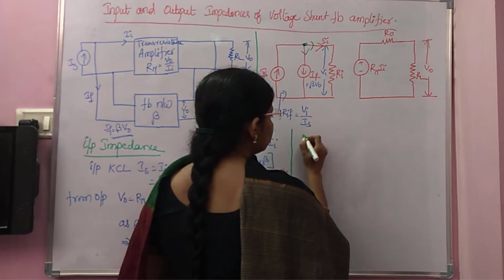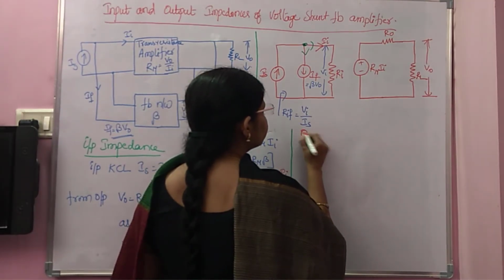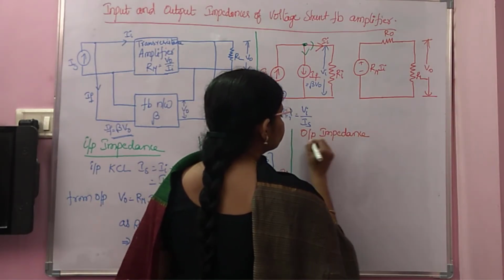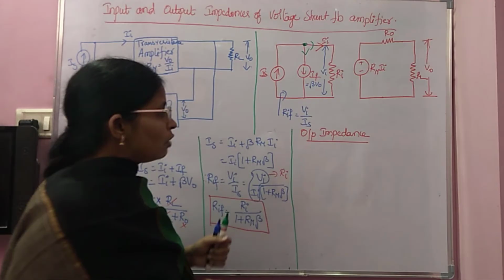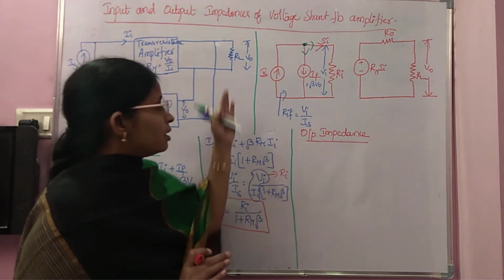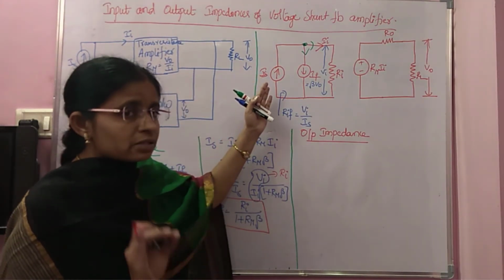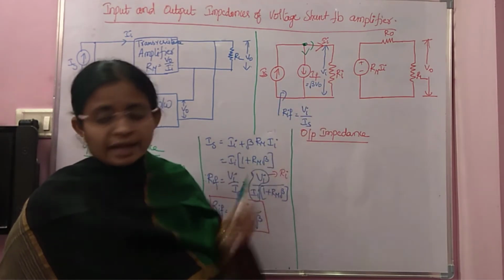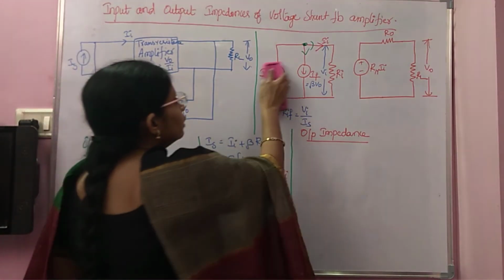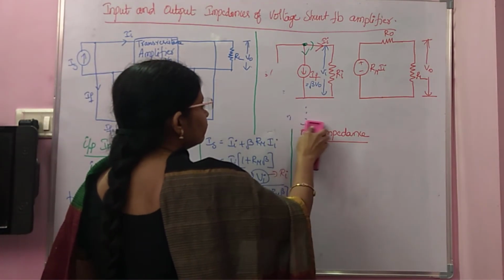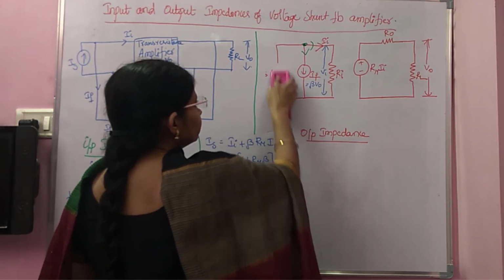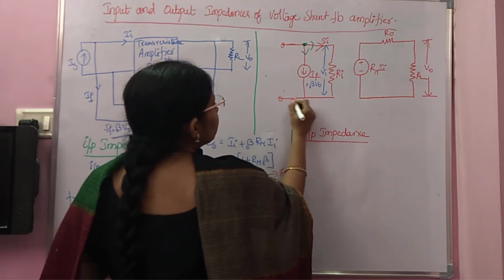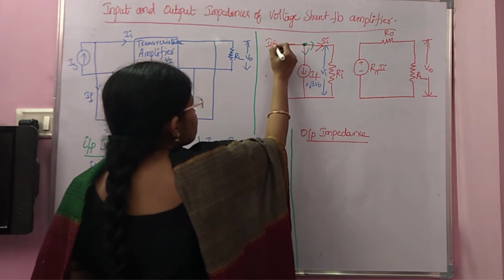Then we'll see the output impedance. What do you have to do to find the output impedance? As the input is a current source, you must open it, so Is is equal to 0.